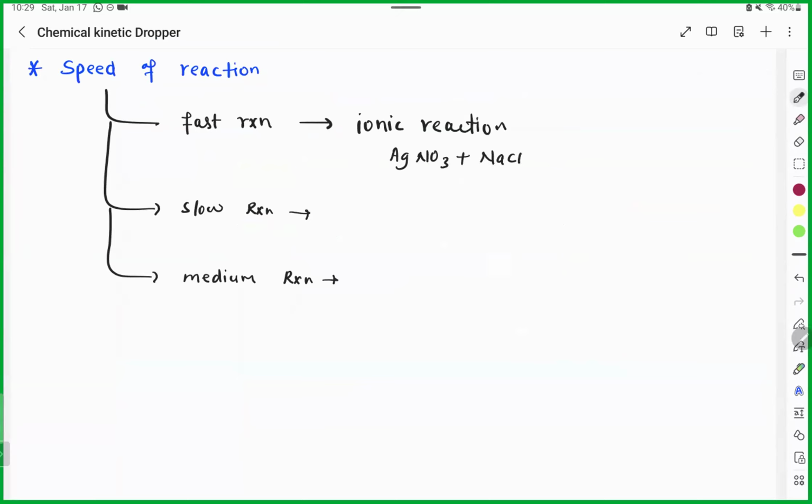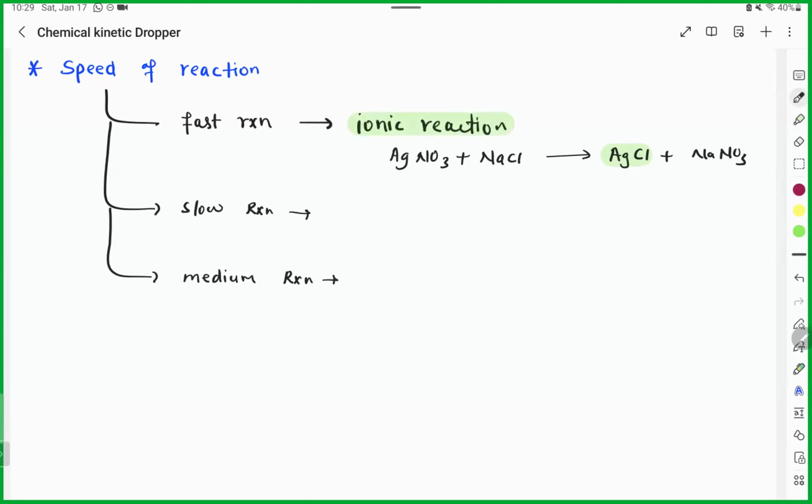What should be the product? AgCl plus NaNO3, correct? So you can see that this AgCl will settle down and this reaction is extremely fast. So many ionic reactions will be fast reactions.